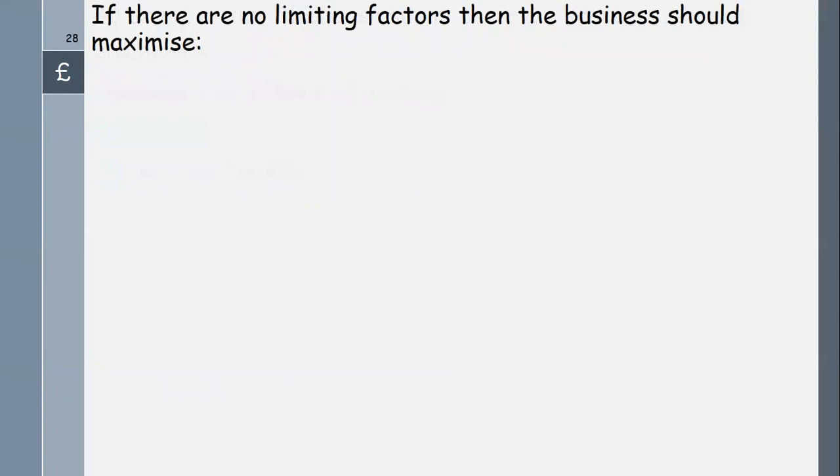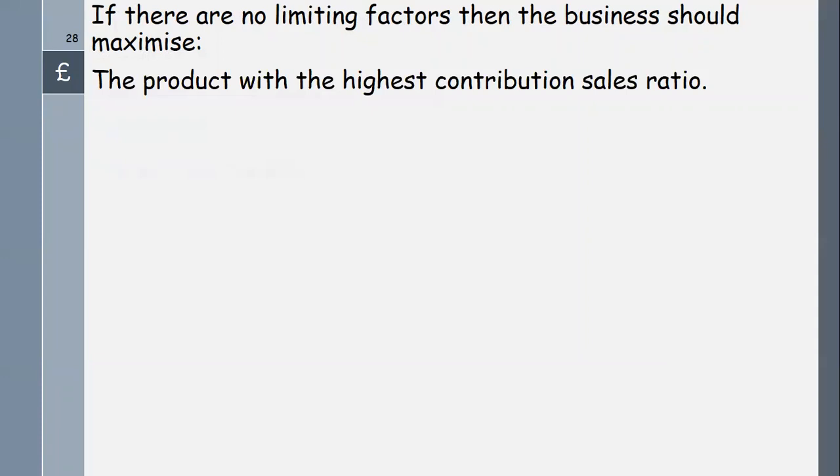If there's no limiting factor, so if we've got enough of everything, then we should prioritize the product that maximizes the contribution sales ratio. So we choose the product with the highest contribution sales ratio. However, like I said, there's normally at least one main limiting factor, a scarce resource. So that's not usually the case.